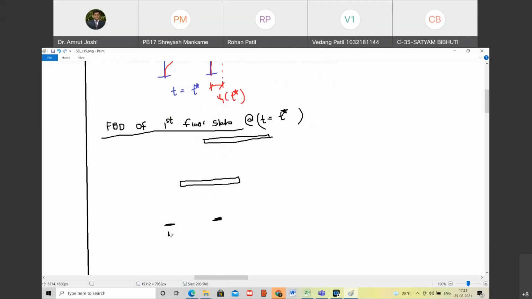Now, by what amount has the first slab moved? It has moved by amount U1 of T star. Do you agree with me? Yes, sir. This is U1 of T star. By what amount has the second slab moved? U2 of T star. So this distance is U2 of T star. Agreed? Yes, sir. Okay, I am drawing the free body diagram of this slab.